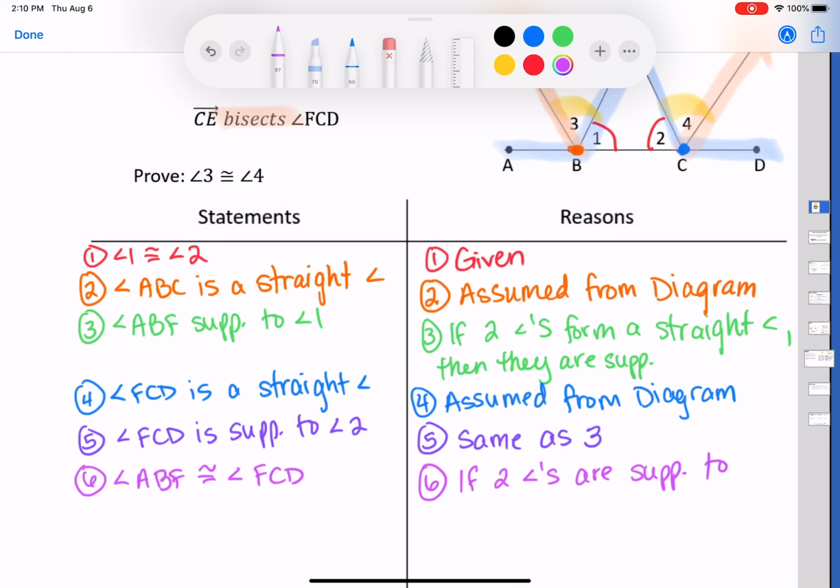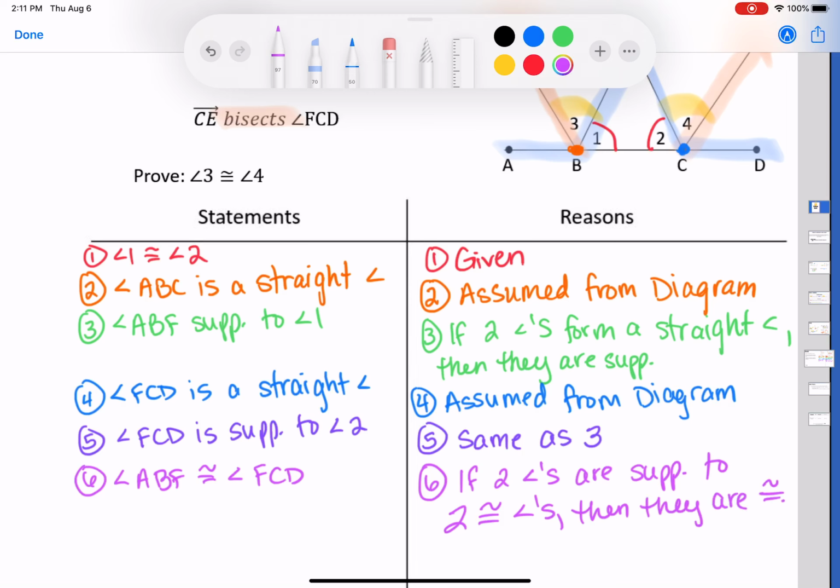No, they're supplementary to 2 congruent angles, right? Here it says supplementary to angle 1, here it says supplementary to angle 2. That's 2 different ones, not the same one. So, if 2 angles are supplementary to 2 congruent angles, then they are congruent.